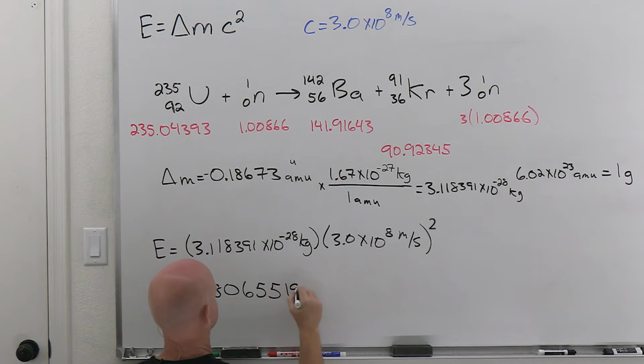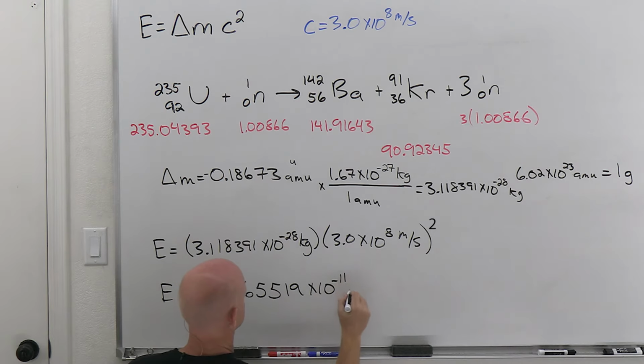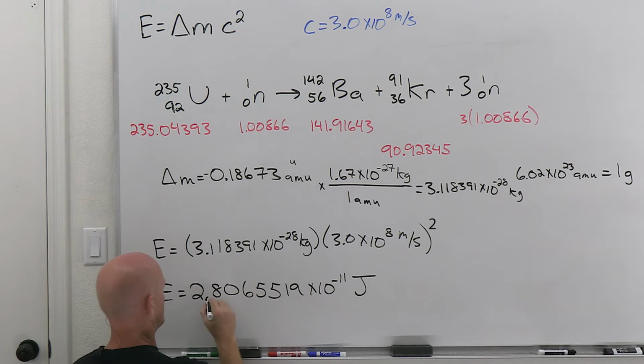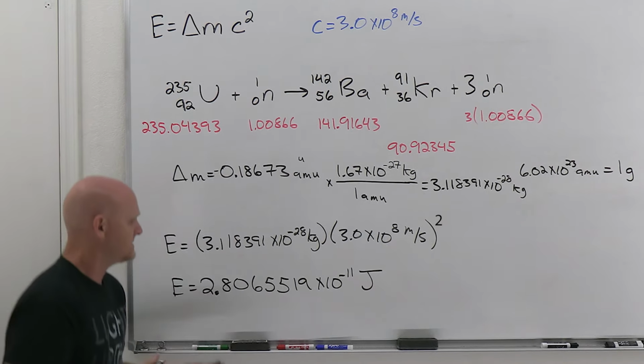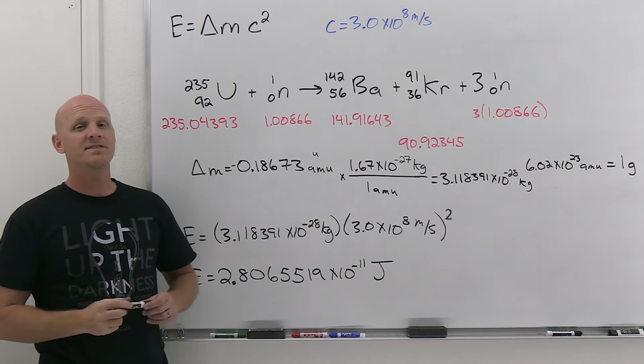We're going to get 2.8065519 times 10 to the minus 11 joules.